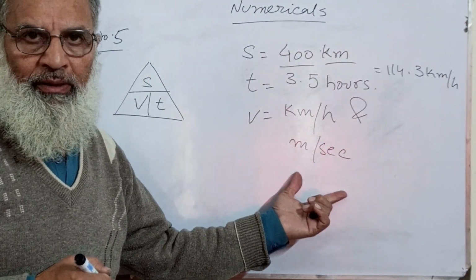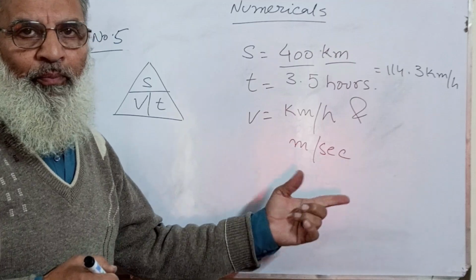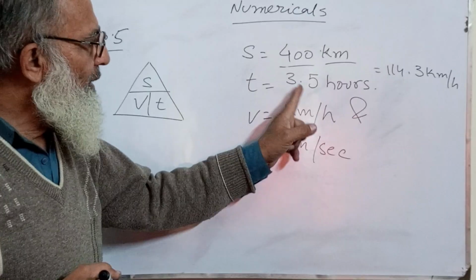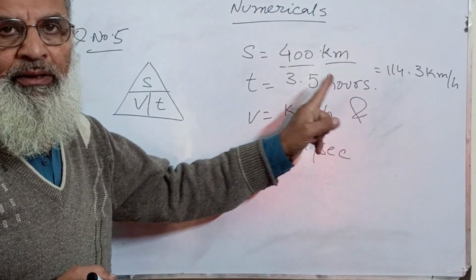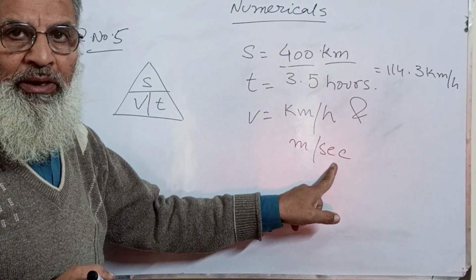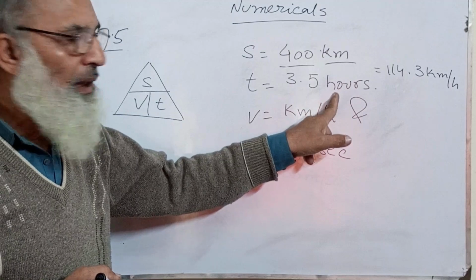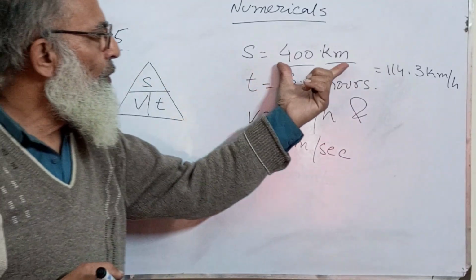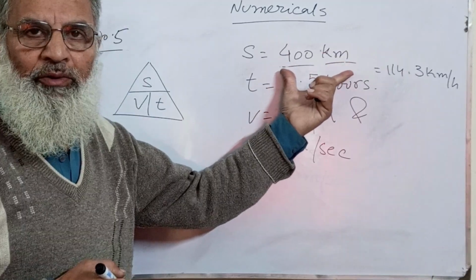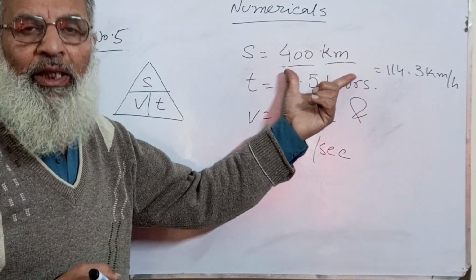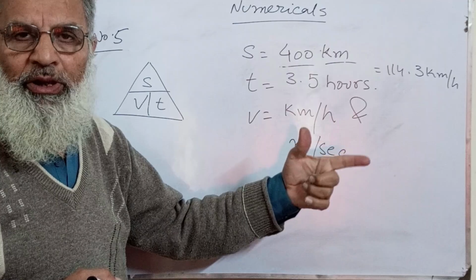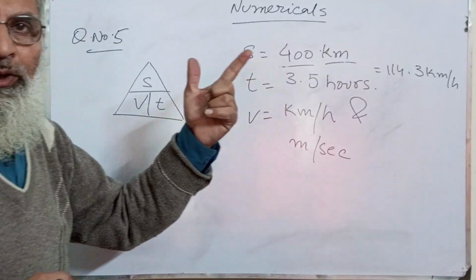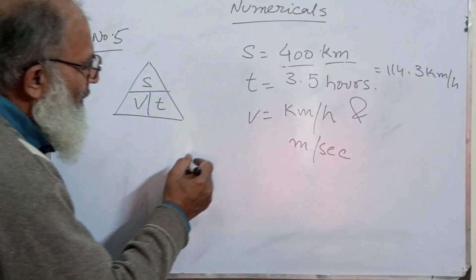But what about this? We have to change this into meters and this into seconds, because this is in hours. So what is the formula? You know the formula for changing kilometers into meters or meters into kilometers. But what about this hour?